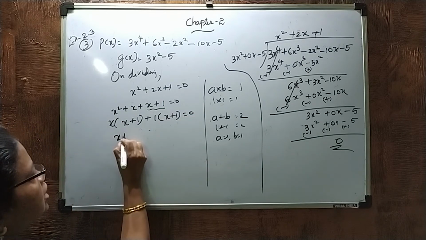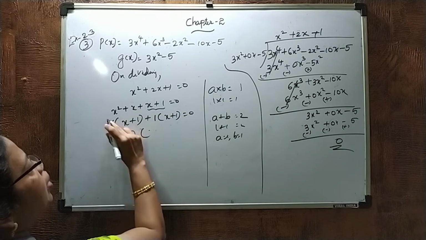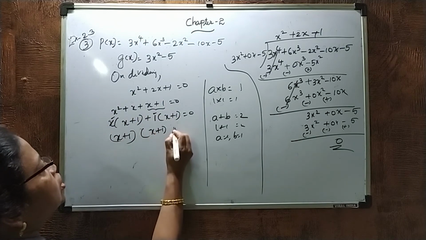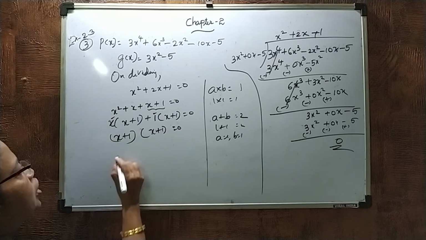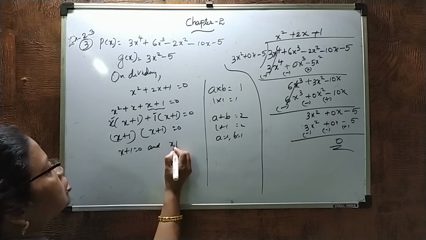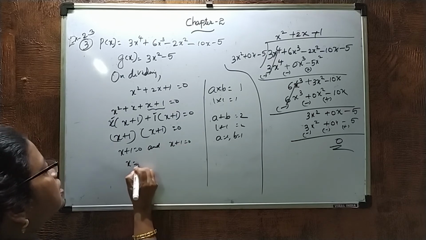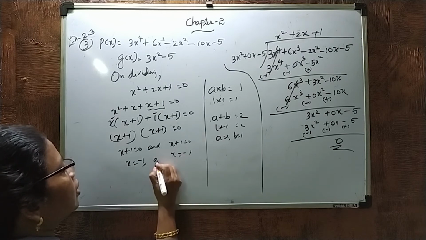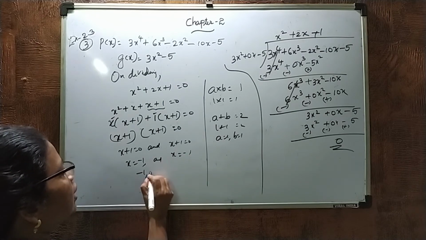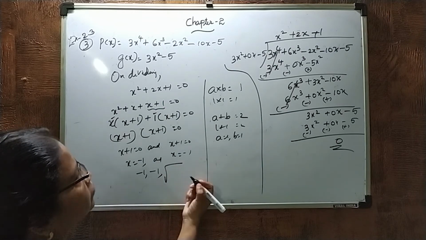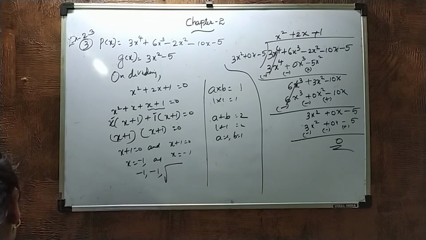So next one it is x plus 1 into x plus 1 is equal to 0. So each one you have to take x plus 1 is equal to 0 and x plus 1 equal to 0, x is equal to negative 1, and here also x is equal to negative 1. So negative 1, and they are given you root 5 by 3.